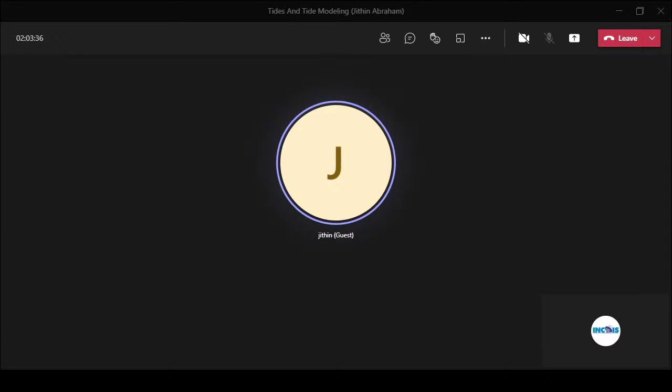Another question is, how are these internal tides and currents affected by freshwater flux? As freshwater flux can increase the near surface stratification, it has a direct influence on internal tides.